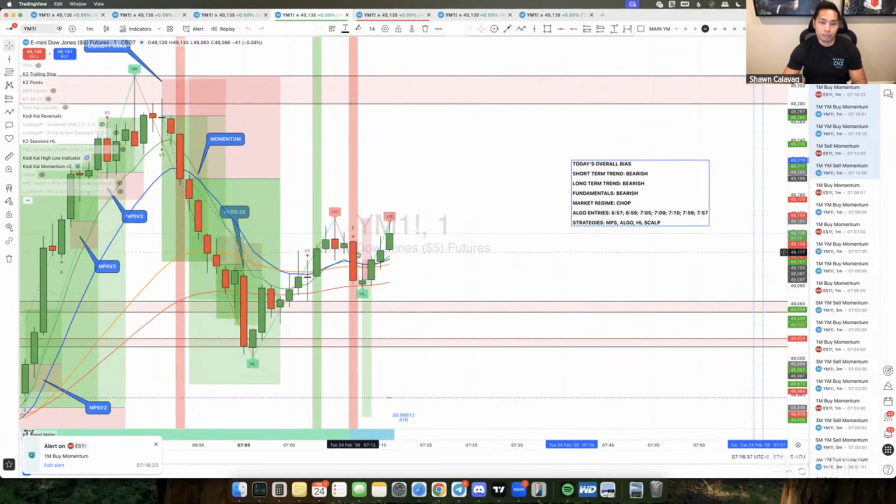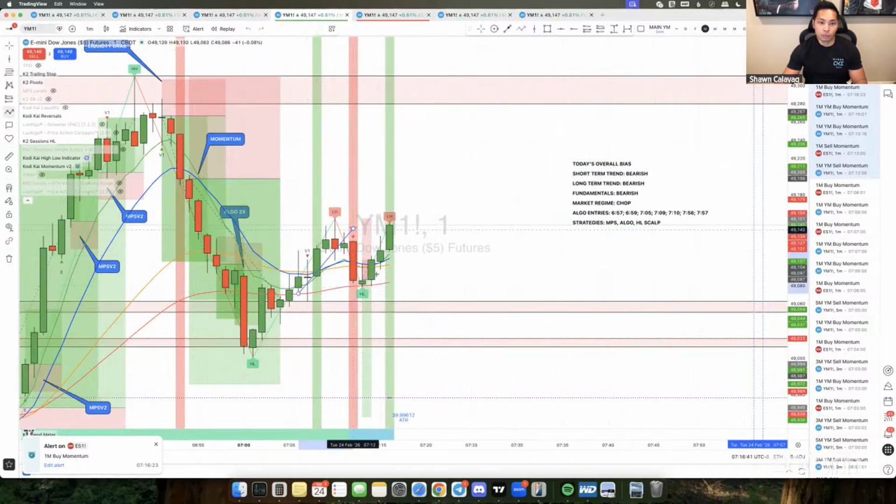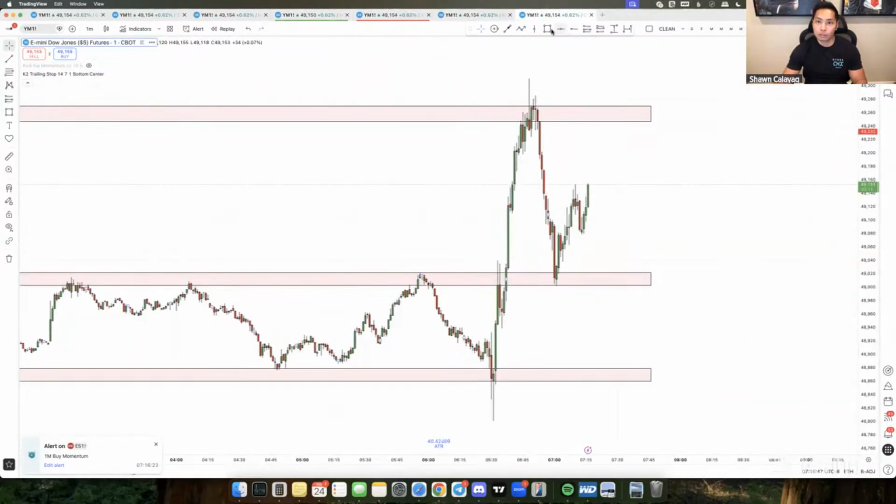We're in chop, so obviously there's no direction here. Price is just chopping within the bigger range. So here's a clean chart.